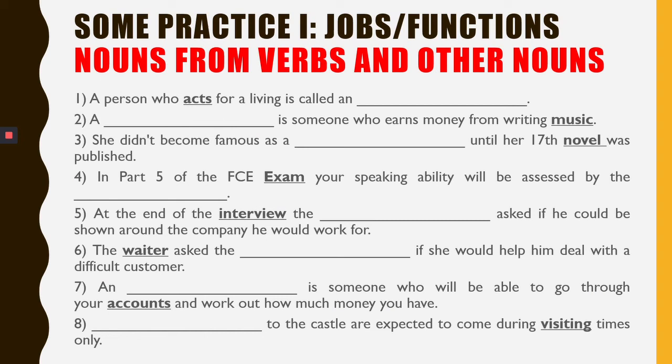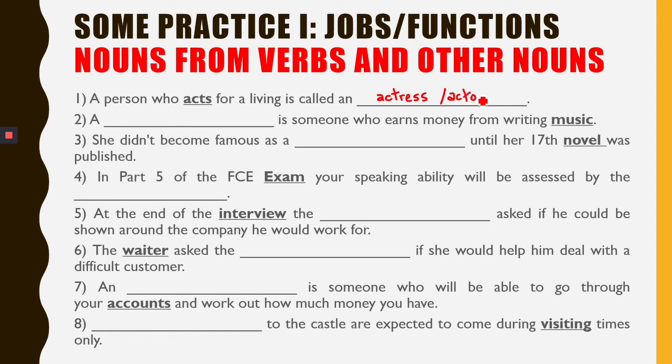I will ask you to please pause this video to try to complete these sentences using some words. Let me show you just one example. A person who acts, we are talking about jobs and functions, right? A person who acts for a living is called an actress or an actor.